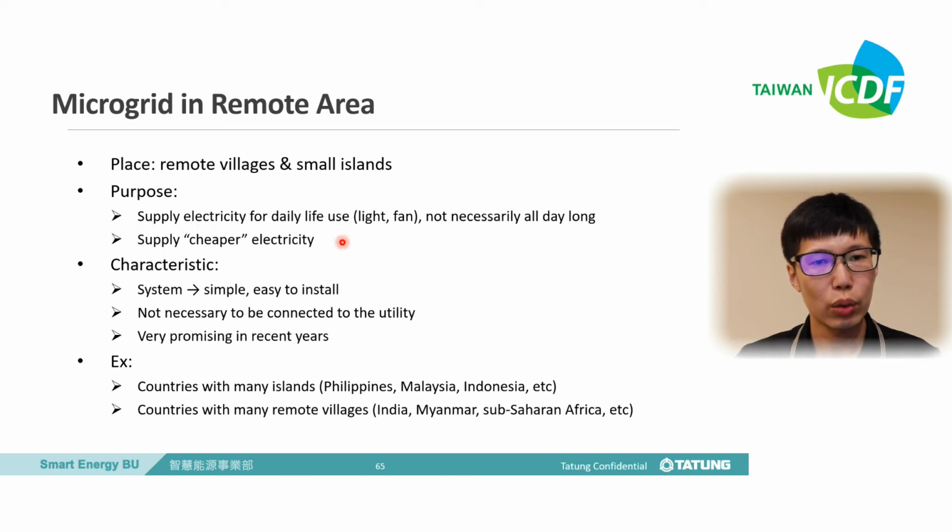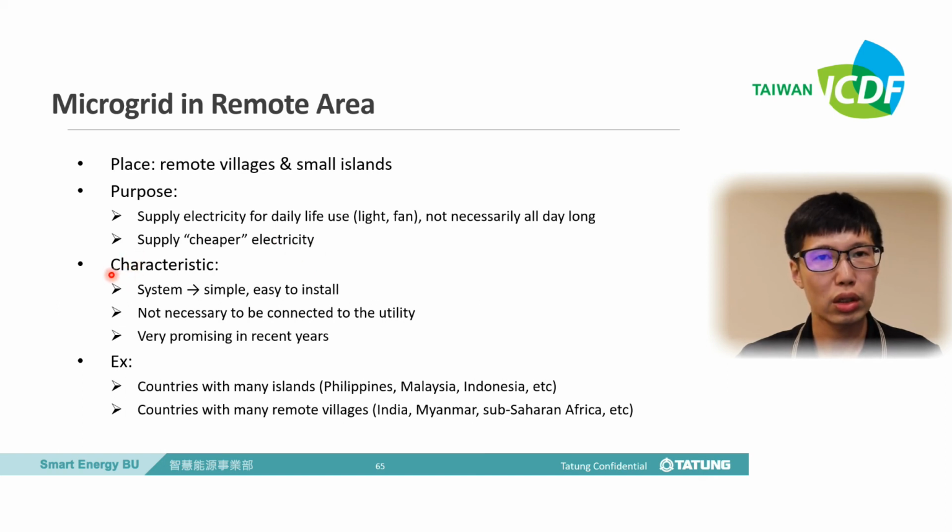And the second purpose is to supply cheaper electricity, because in this case, some villages or small islands are provided power by diesel generators. So the generation cost is very expensive. After building a microgrid, the generation cost can be reduced.